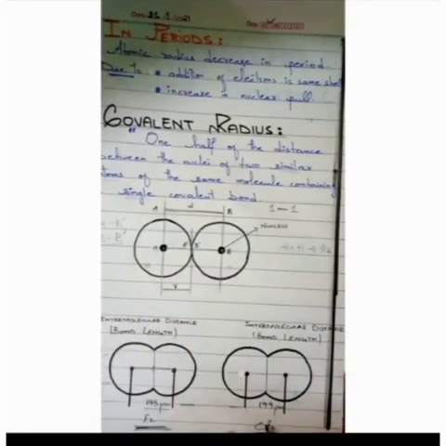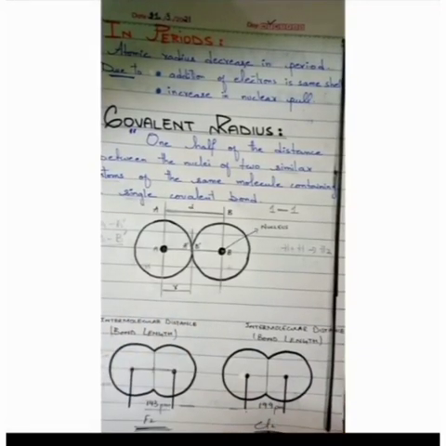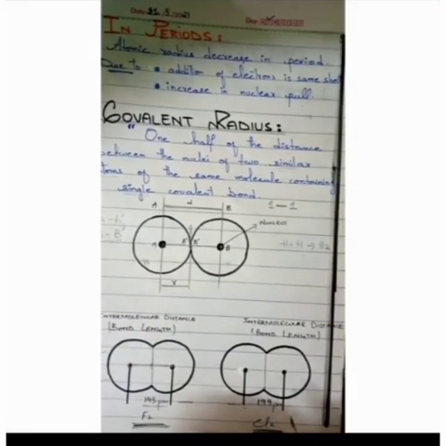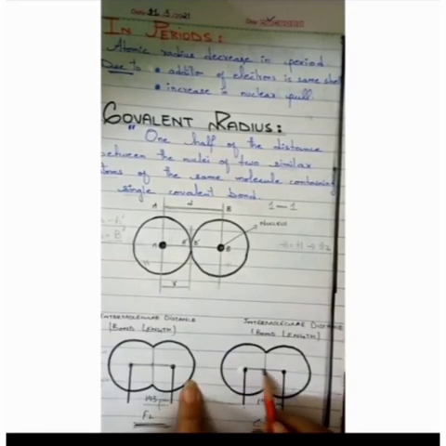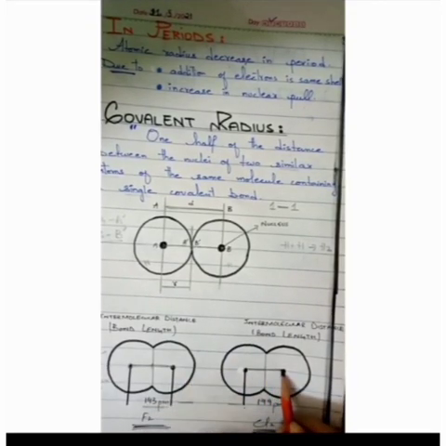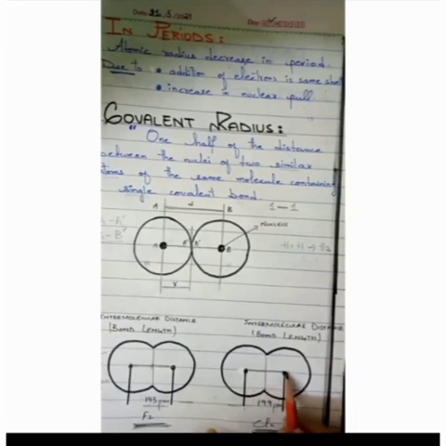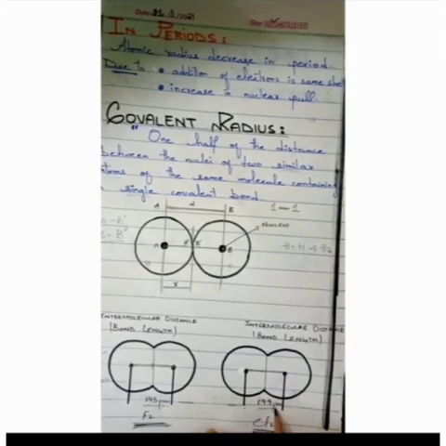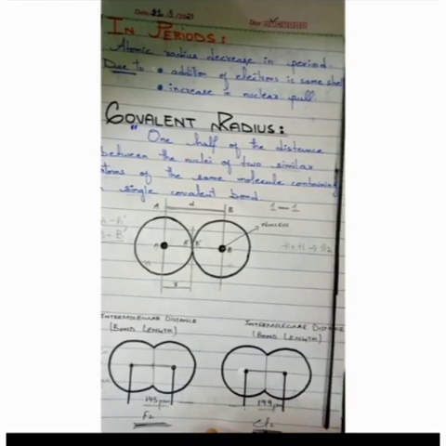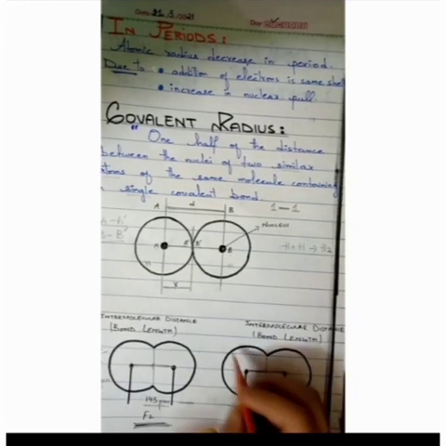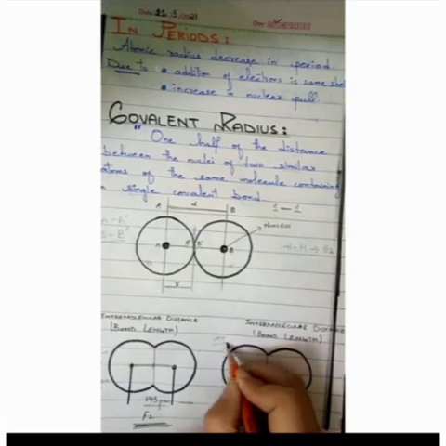Here is another example, that is of Cl2. From this point to this point, it is called bond length, which is 199 picometer. To find the covalent radius of Cl2, we simply divide 199 by 2.